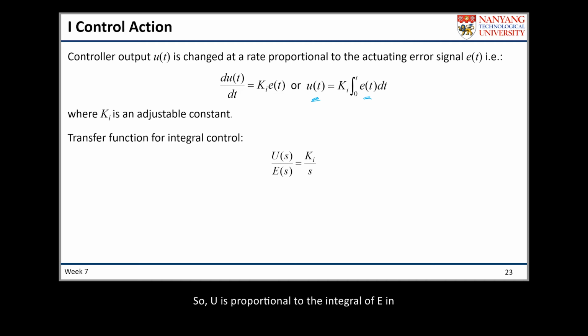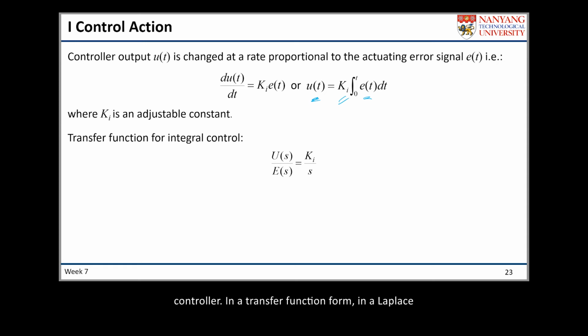So U is proportional to the integral of E, with a factor of Ki, where Ki is the gain of your integral controller. So this is another type of controller.